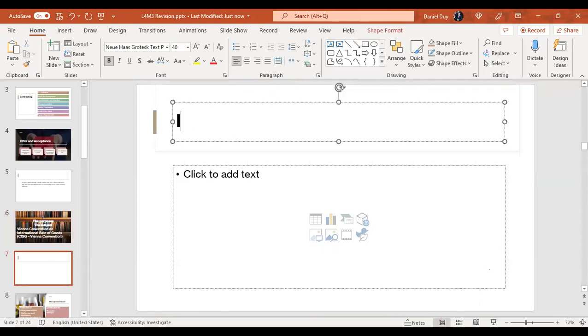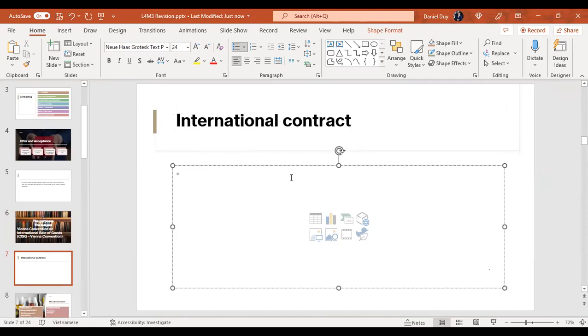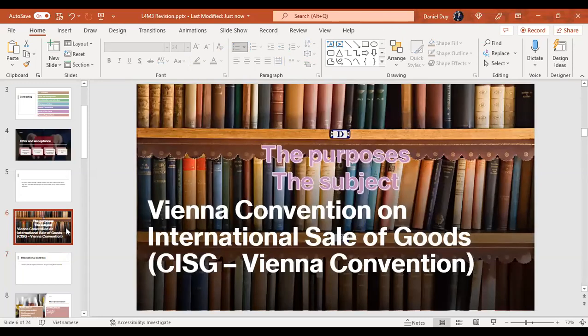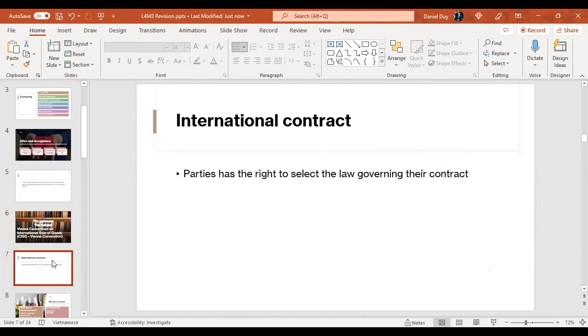As a rule, the parties have the right to select the law governing their contract. But the problem is if they have the right to select, then the law will vary and international trade will be impeded.